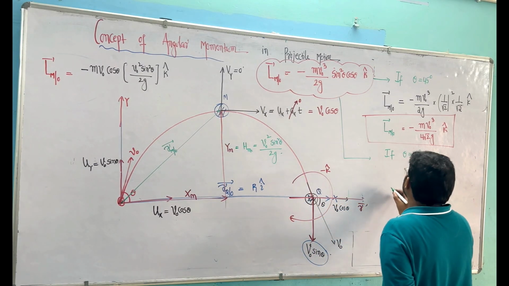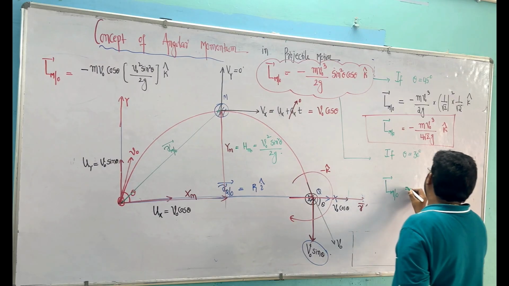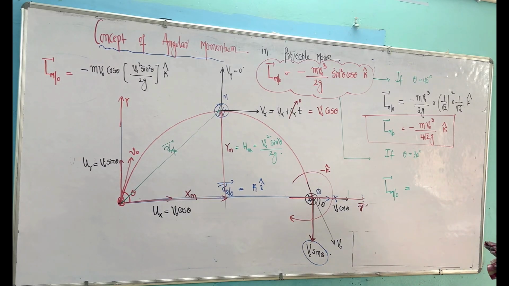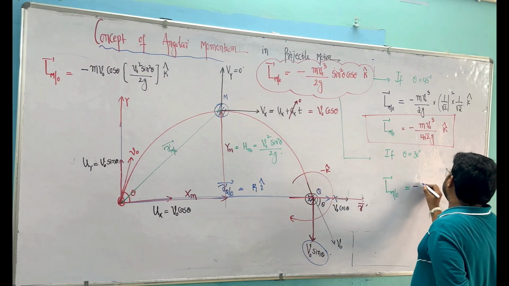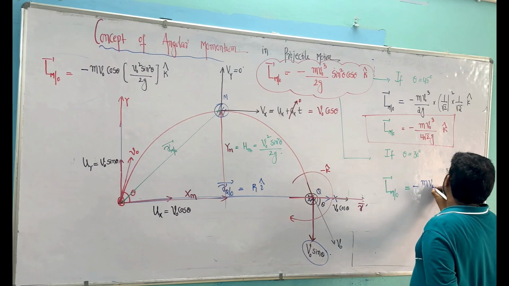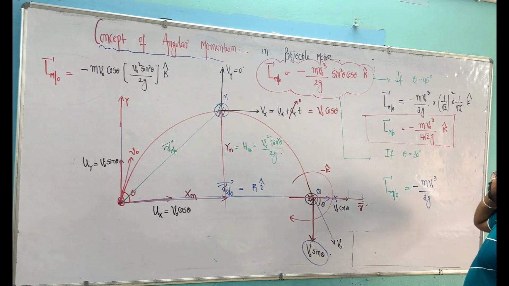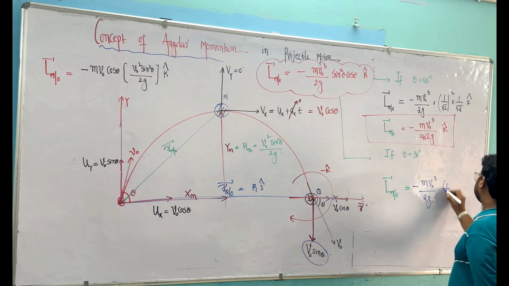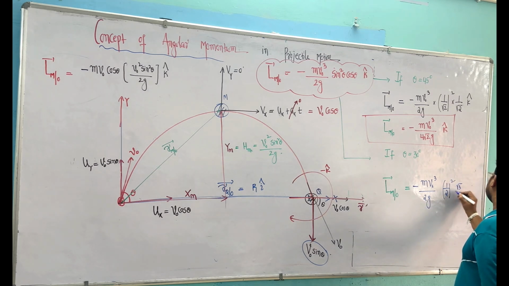When theta equals 30 degrees, the angular momentum at maximum height about the point of projection: how much is obtained? Minus m into V naught cube by 2g into sin 30, which is 1/2, whole square, into cos 30, which is root 3 by 2, K cap.